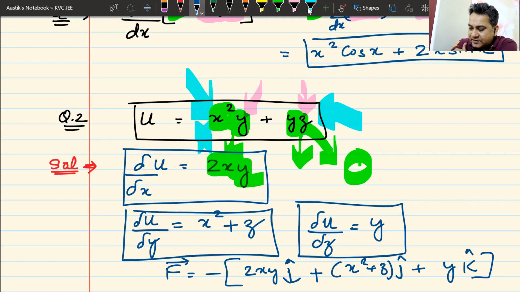This has taken a long time, but it is worth it because this is the most important chapter for you right now. This chapter will keep coming throughout your physics: work, power, energy, law of conservation of energy, work energy theorem.